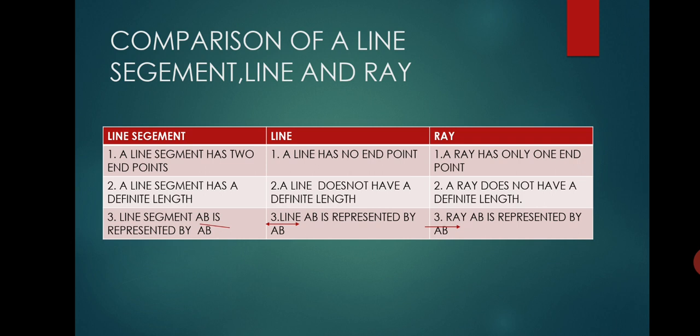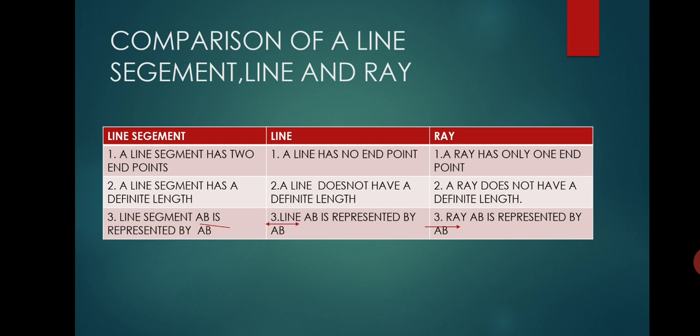When we are comparing line, line segment and ray: a line has no endpoints, a line segment has two endpoints, and a ray has how many endpoints? Yes, one endpoint. A line segment has a definite length because it has two endpoints, and a line does not have any definite length.